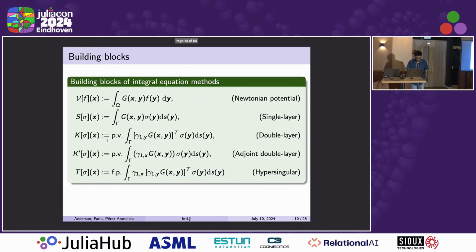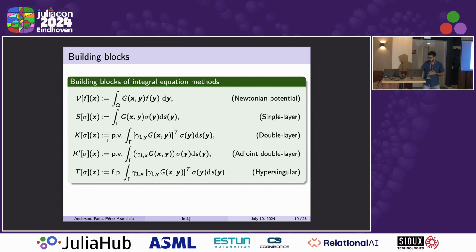Okay? The notation here is not really important; it's just to say that we more or less understand the building blocks for these integral equation methods, and they're really built around these 5 integral operators that I wrote here.